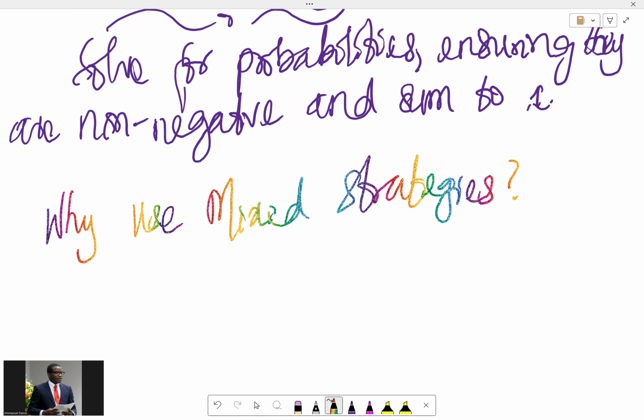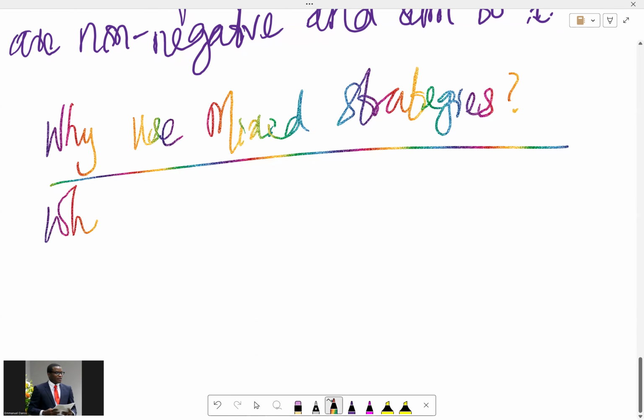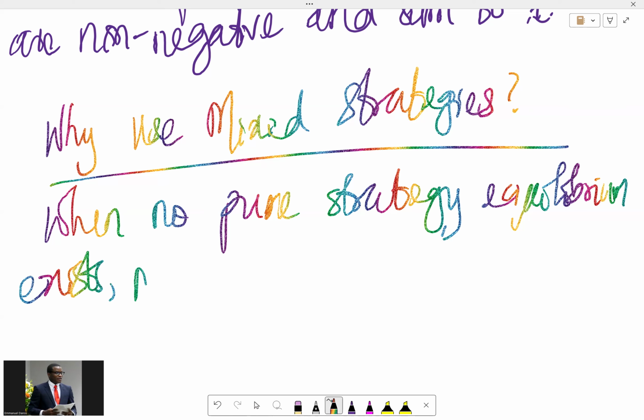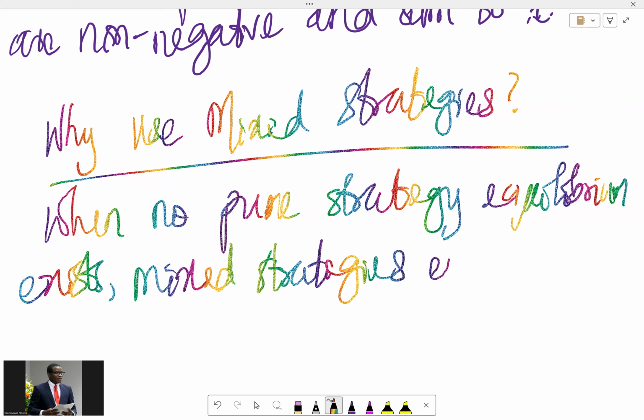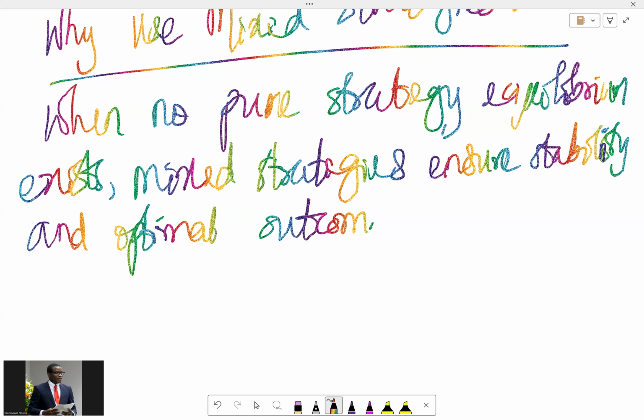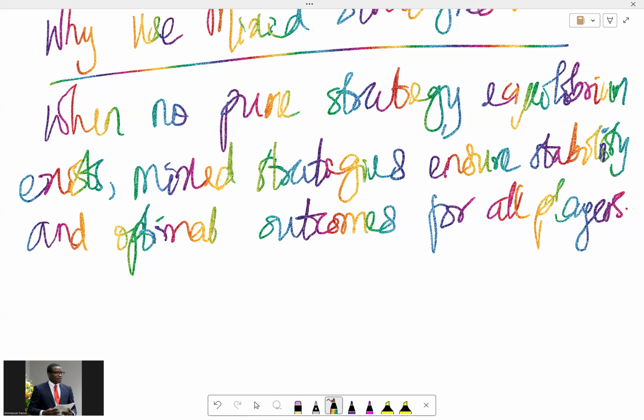When no pure strategy equilibrium exists, mixed strategies ensure stability and optimal outcomes for all players. So mixed strategies are that important.